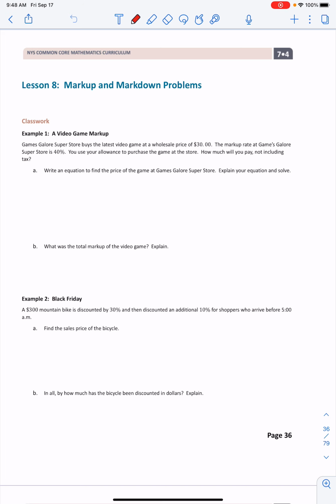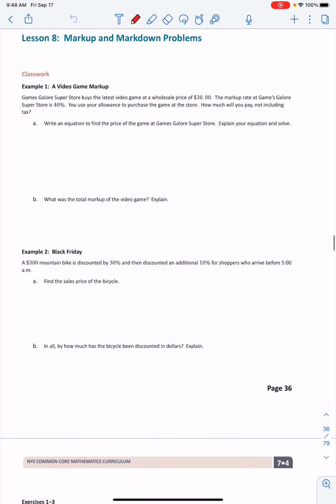Well, here, remember, markup means you add it to 100. So in this case, we have P, percent, and W. Our markup means our original plus the increase.